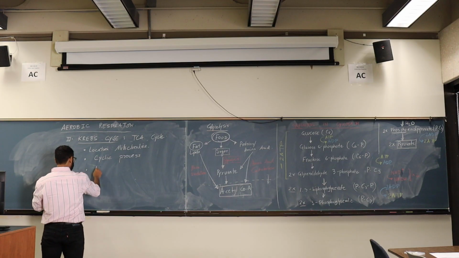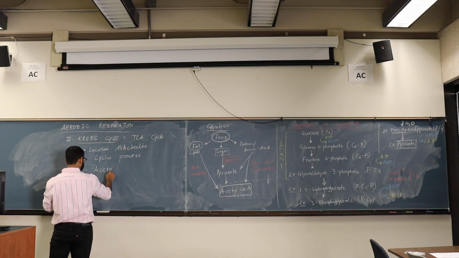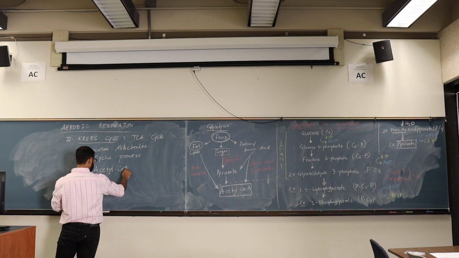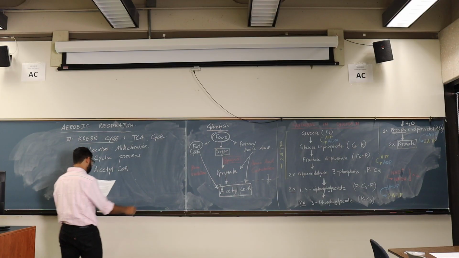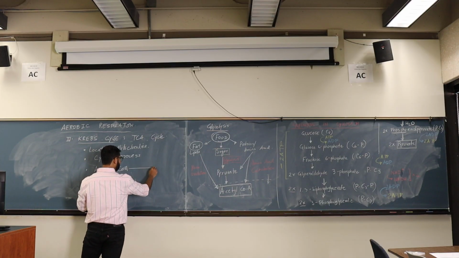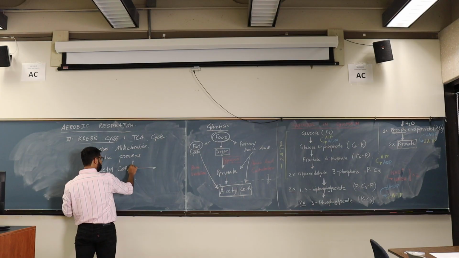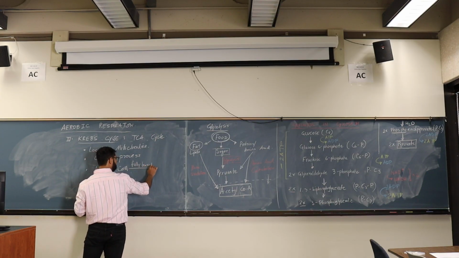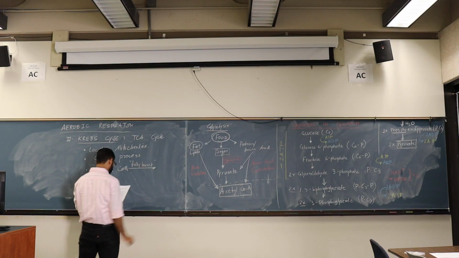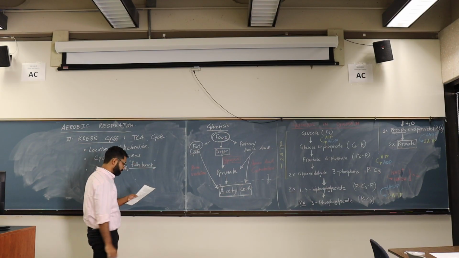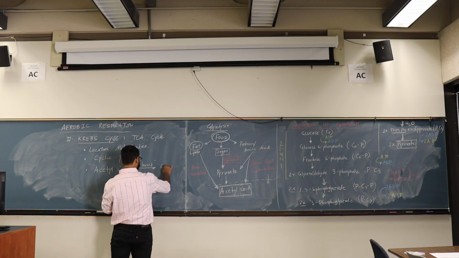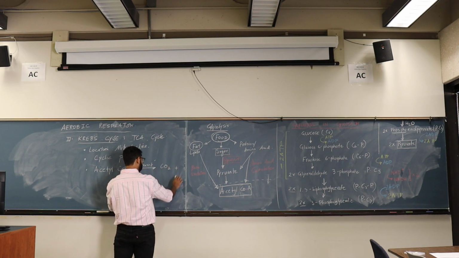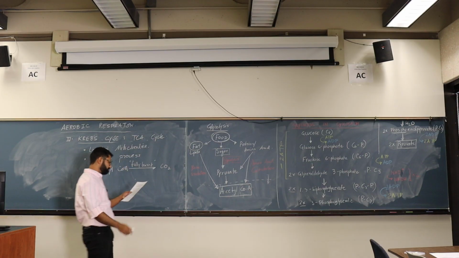Now the acetyl CoA that enters here, you can think of this as it is fully burnt or completely oxidized. Okay? To get CO2 and think of it as like the CO2.